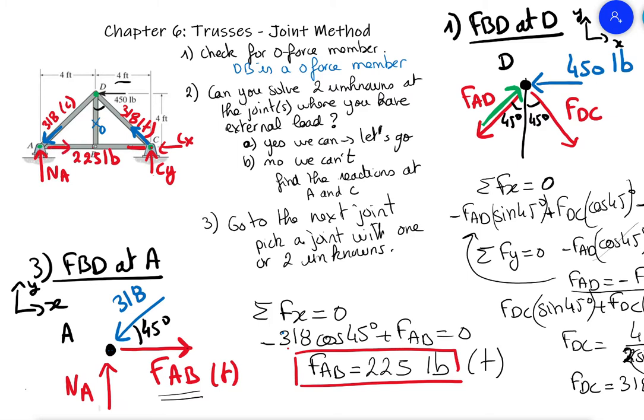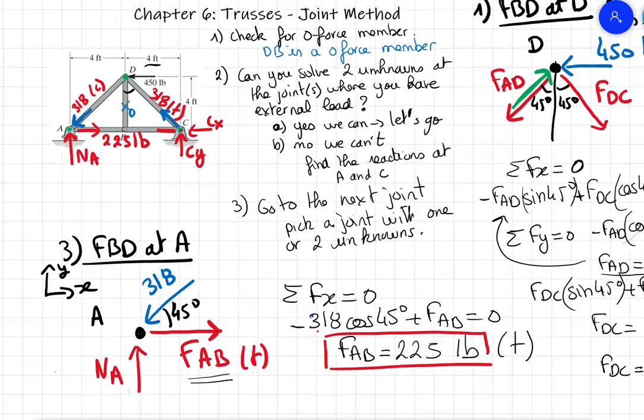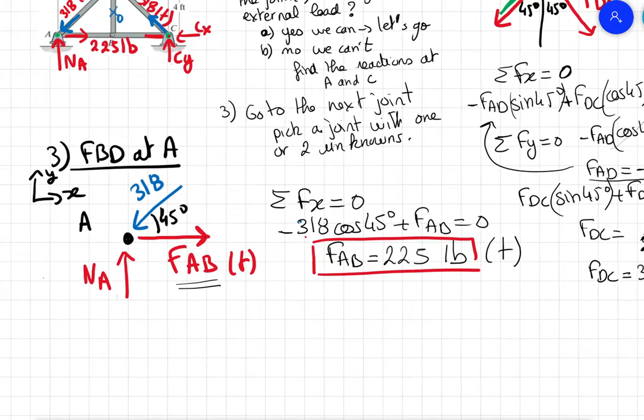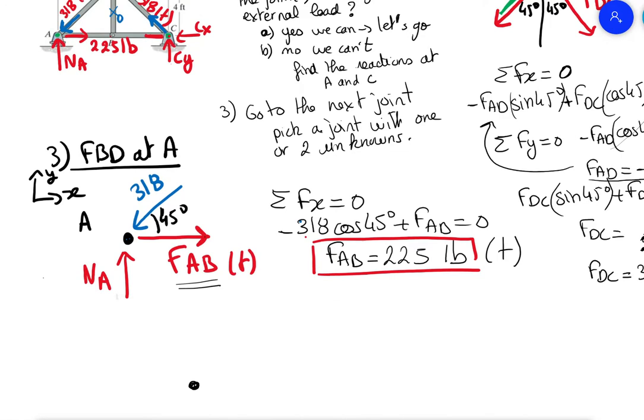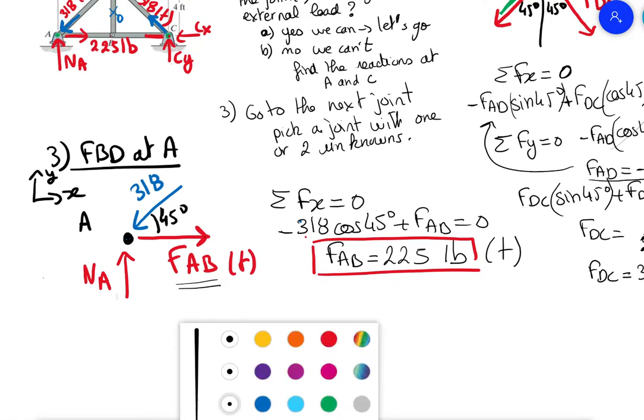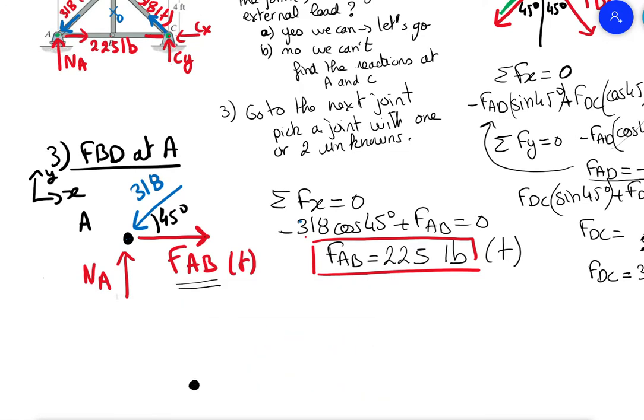What about this one to the right at B? If we do the diagram at B, quickly, because I know my problem is so long: we have this force going to the left, that was 225. This one is a zero force member, so we have a force to the right, so necessarily it's also 225, and because it's pulling, it's also tension.